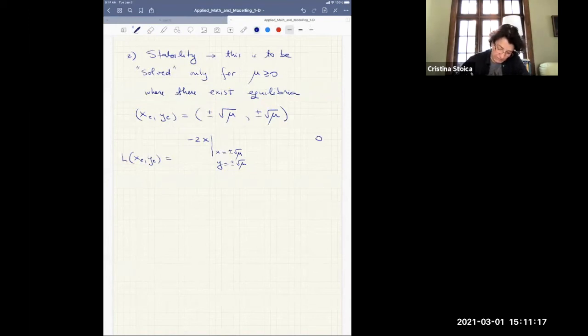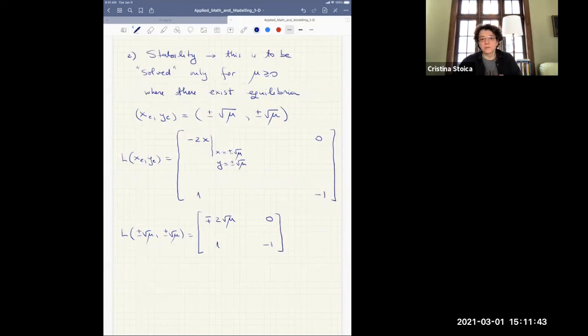And then we have here a 1 and here a minus 1. So basically, there are various ways to write this thing. So this will be minus plus 2 root mu, 0, 1, and minus 1.